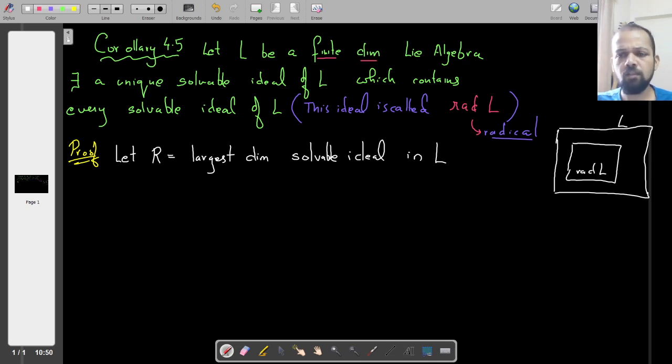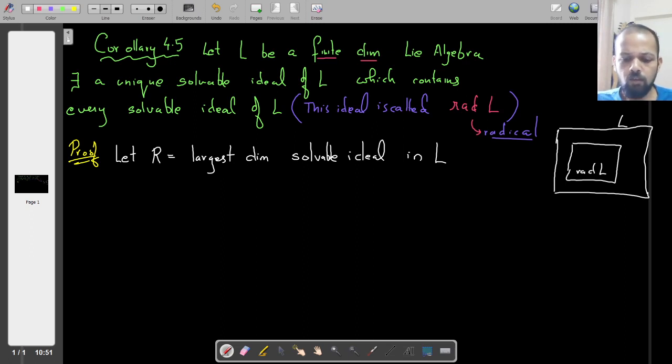If there is nothing of dimension 4 also, then dimension 3. At least dimension 0 will be there, that is only 0. Because L is finite dimensional, you can find the largest dimensional solvable ideal. I am in no way saying this is unique. There could be many such ideals, but we are going to show that it's going to be unique. So let R be such.